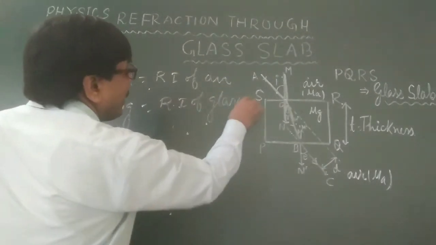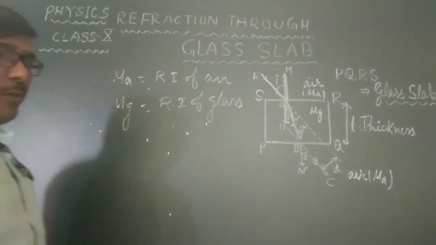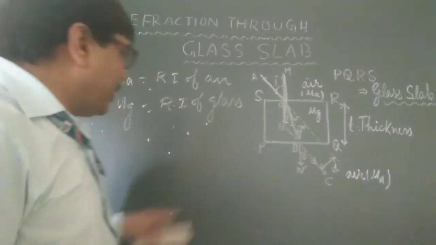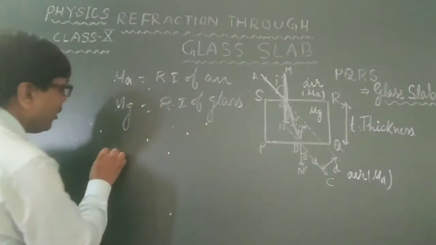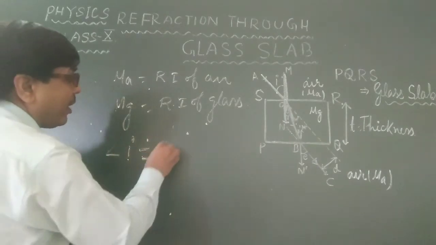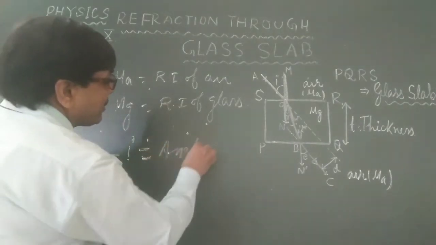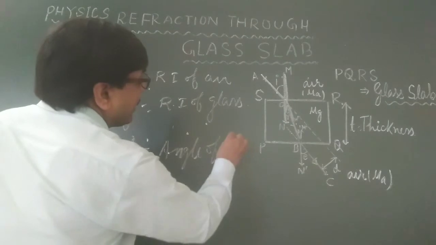Refractive index of glass. Now here we can see, first of all, angle i is the angle of incidence.